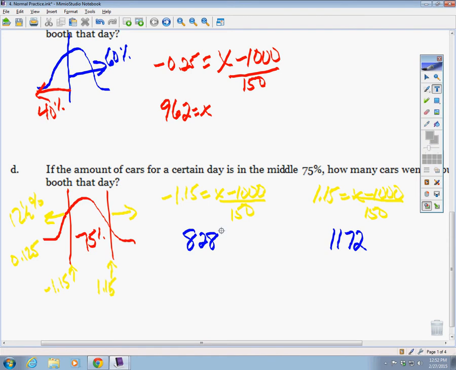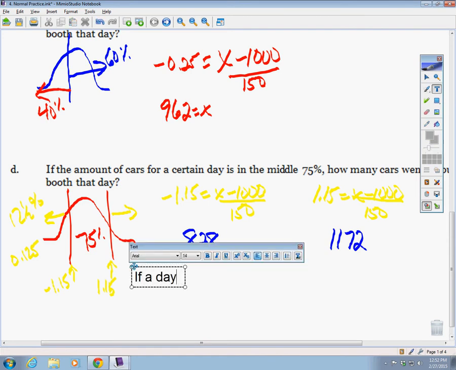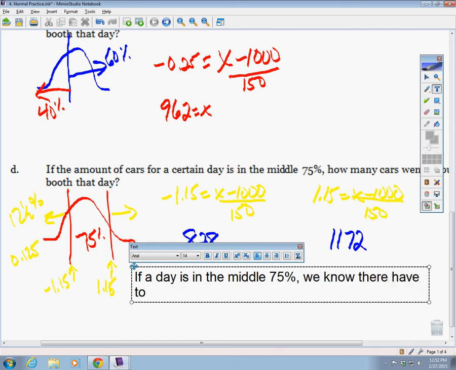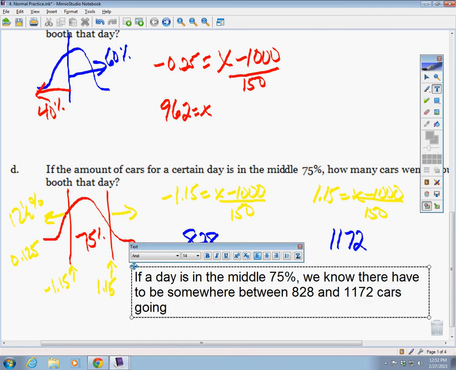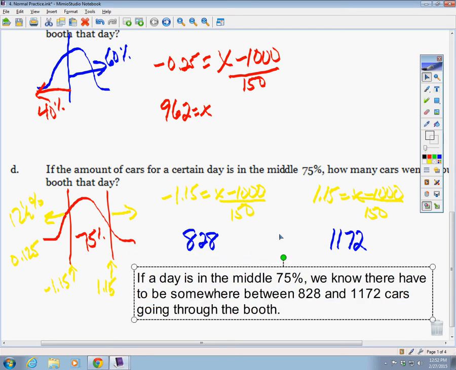Okay, so if a day is in the middle 75%, we don't know exactly how many cars are going through the toll booth, but we know there have to be somewhere between 828 and 1,172 cars going through the booth. All right. There's a few more pages of this fun stuff, so get at it.